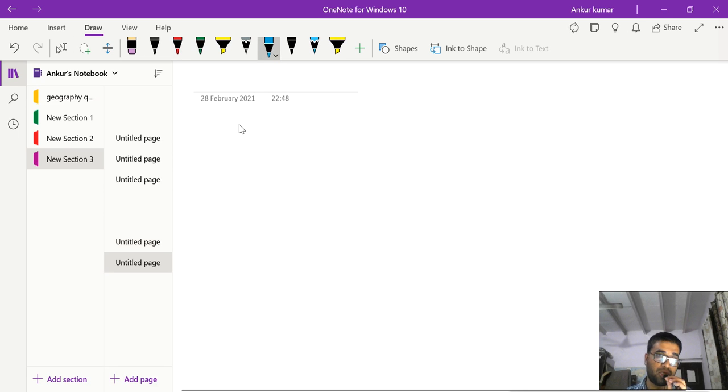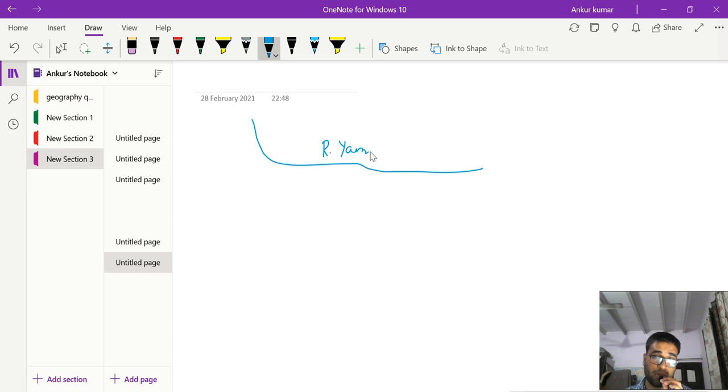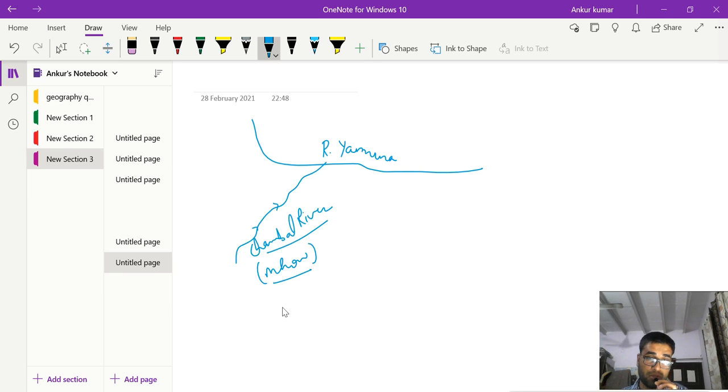So in Yamuna's case, this is river Yamuna. River Yamuna's longest tributary is Chambal. This is Chambal River. Chambal River originates from Mhow. Mhow is in the Malwa region of MP.